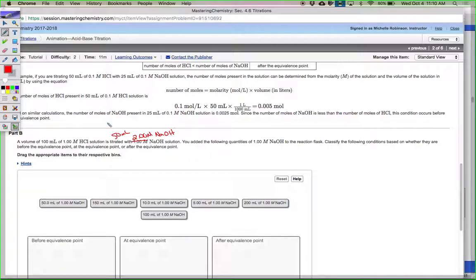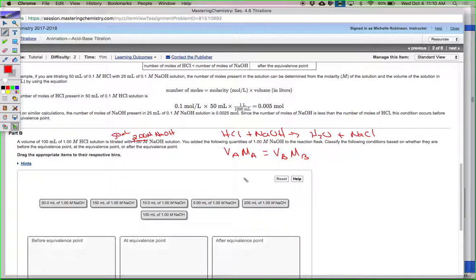Think proportions. They're 1 to 1, right? Because HCl plus NaOH is 1 to 1, so we can use the volume of the acid times the molarity of the acid equals the volume of the base times the molarity of the base.